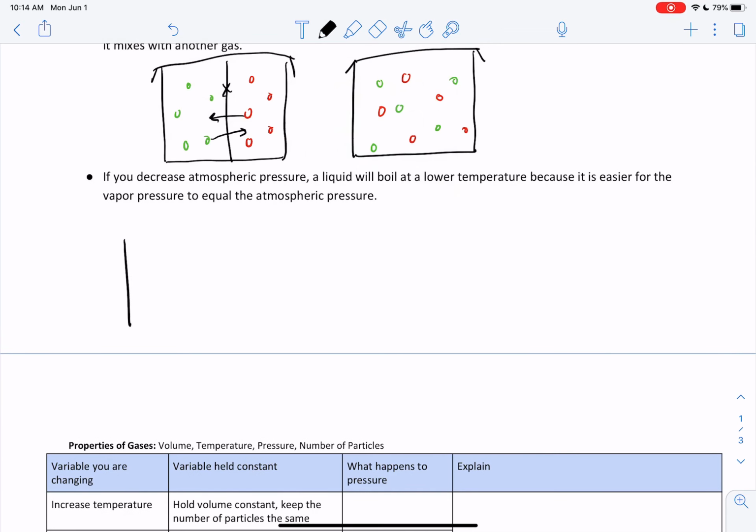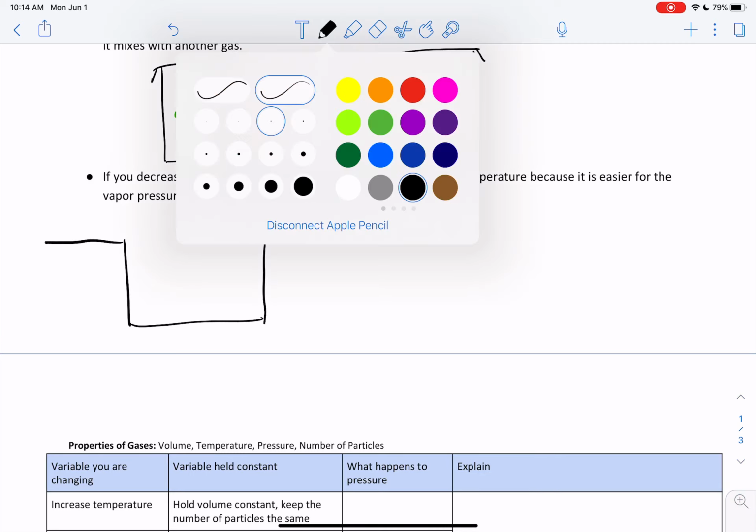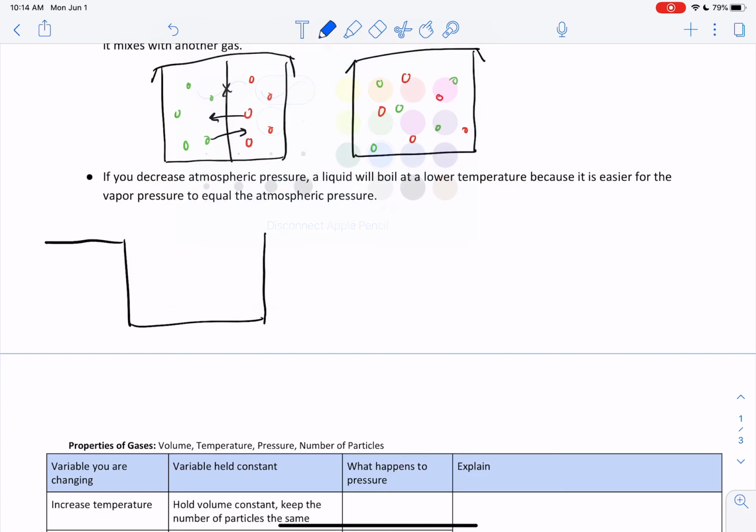If this is our pot of water, we said that the water boils when the vapor pressure of the bubbles, the pressure inside the bubbles, is equal to the atmospheric pressure. Atmospheric pressure usually is 1 atmosphere, which means these bubbles have to get to 1 atmosphere and then the pot boils.